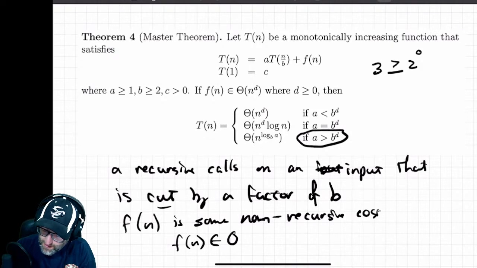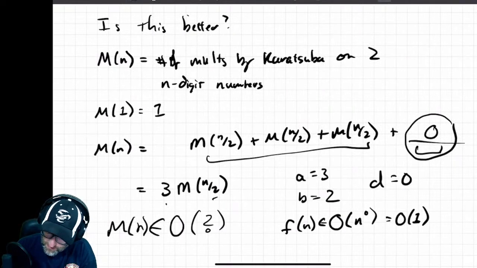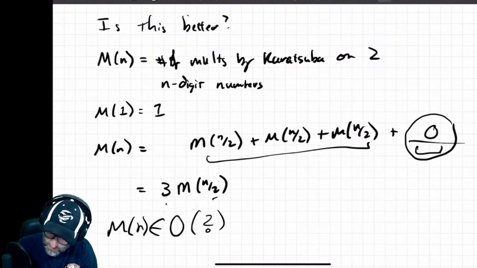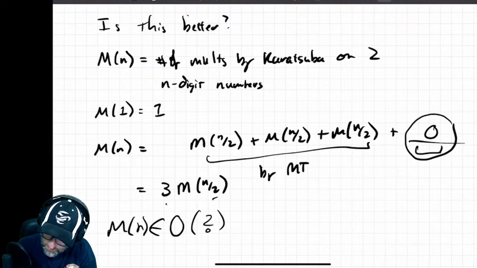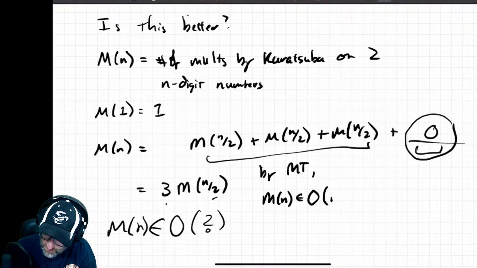By case 3, we know that's n to the log base b of a. By the master theorem, the number of multiplications performed by Karatsuba multiplication is going to be order n to the log base b, that's 2, of a, which is 3 in this case.